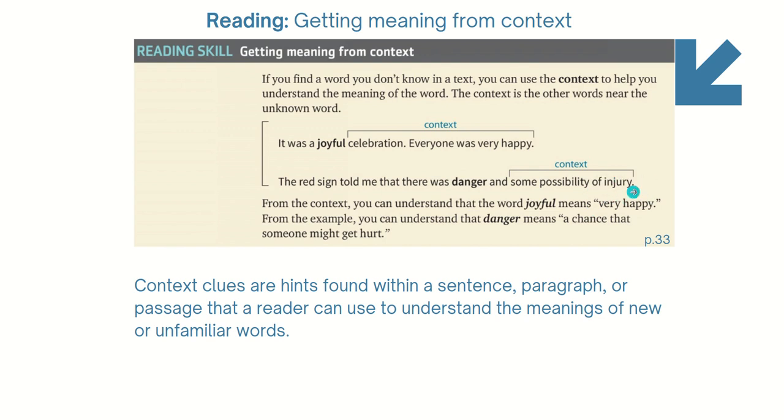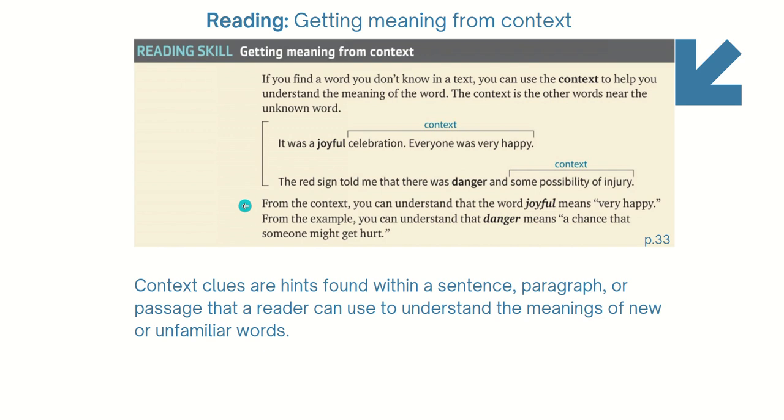Injury means getting hurt. So it means negative, right? It is something hurt, something pain, something like being a victim. So this part is the context clue. So we can guess the meaning of the word danger as something hurt, something not safe, something pain, for example.